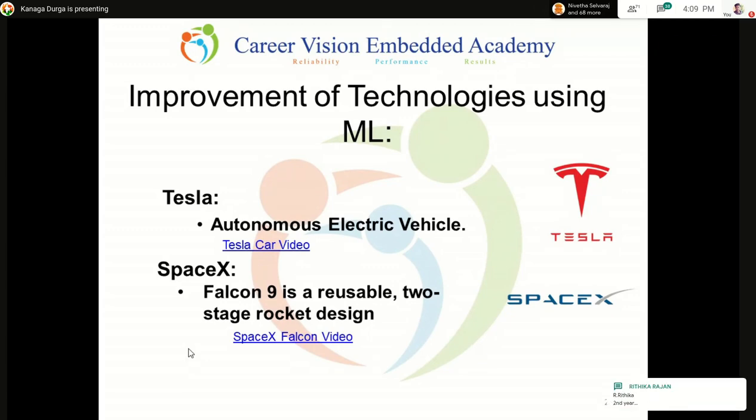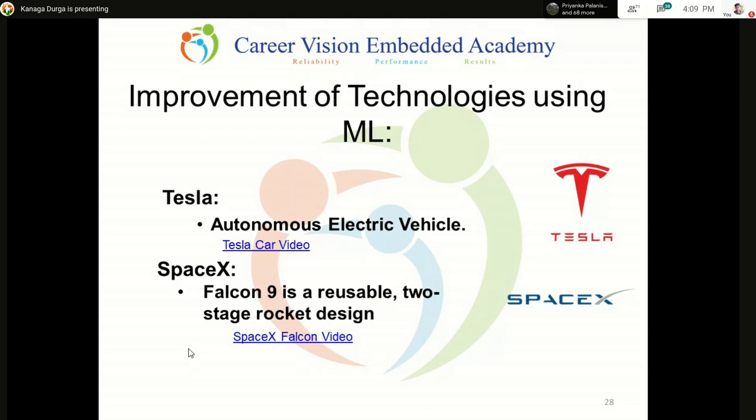SpaceX is a private program which first wanted to collaborate with NASA and launch rockets. Their main aim is to colonize Mars, and NASA refused, telling them that private organizations cannot play a major role in space missions. So you please have to stay out of this.